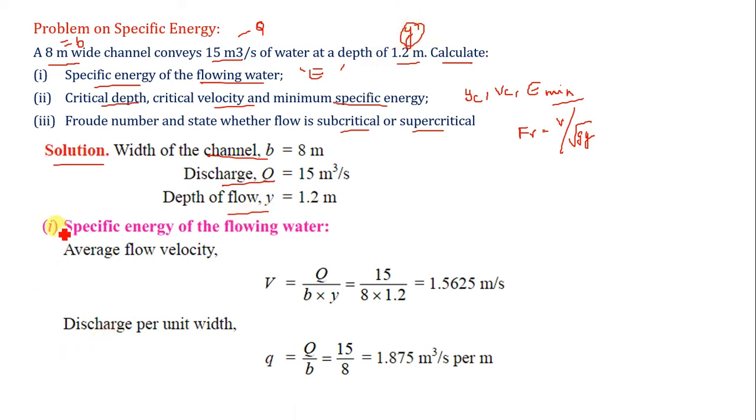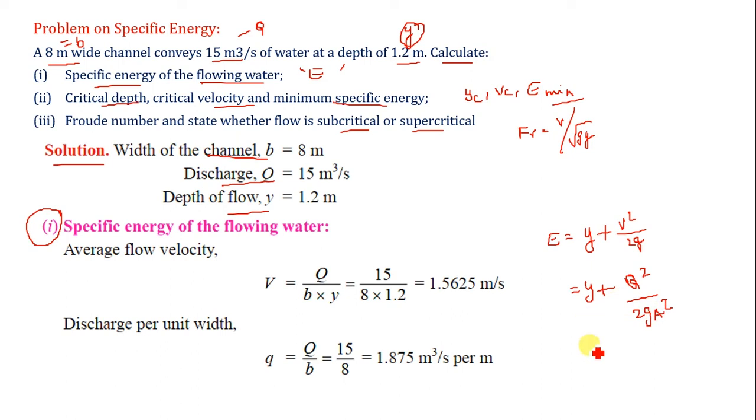So first thing, what is specific energy? Specific energy E equals Y plus V square by 2G. I mean Y plus, what is V? Q by A. Therefore I can write this equation as Q square by 2G A square.